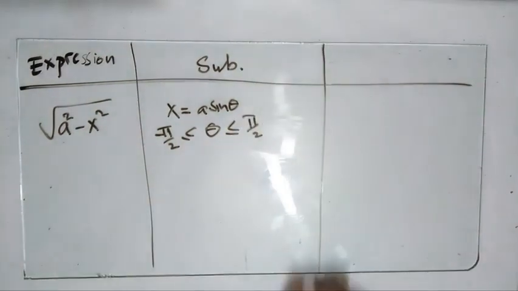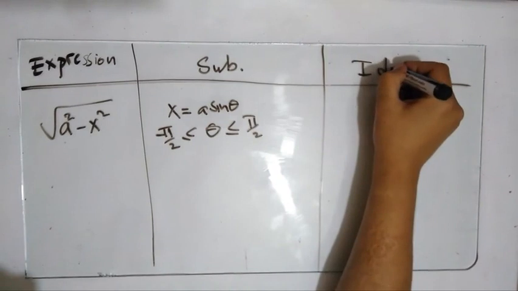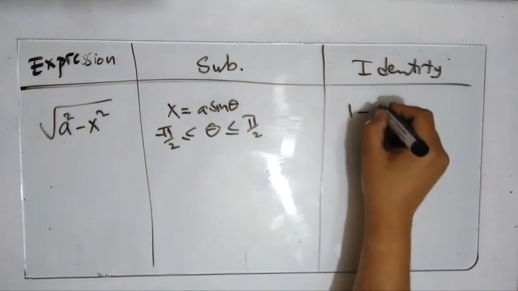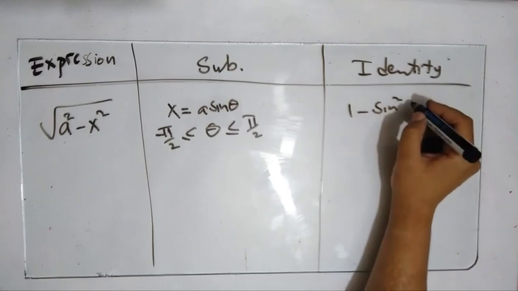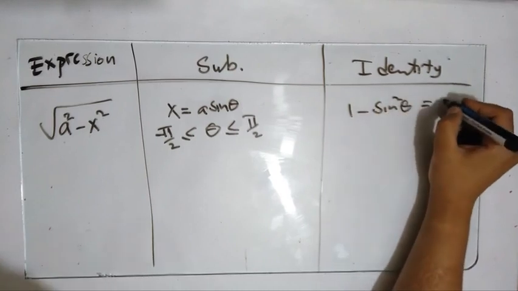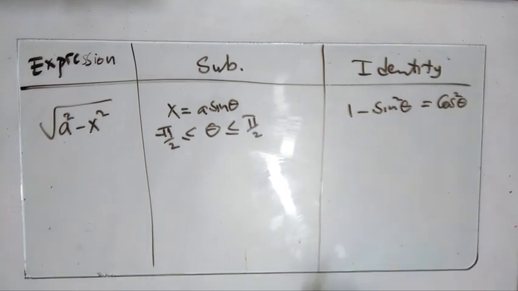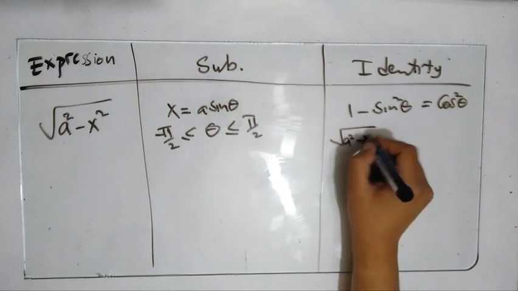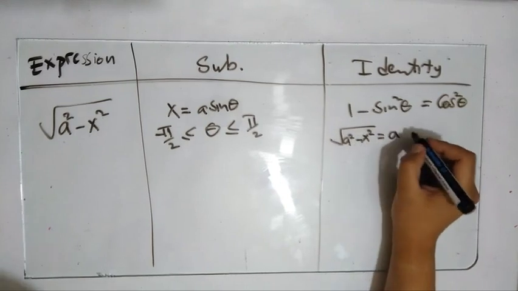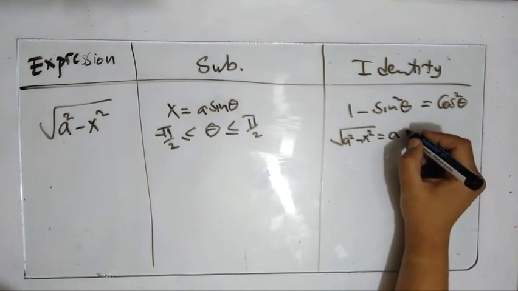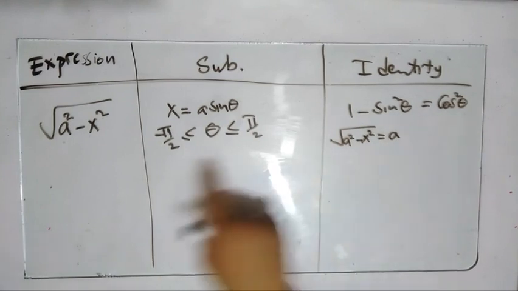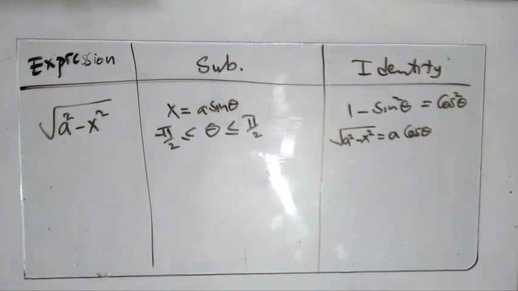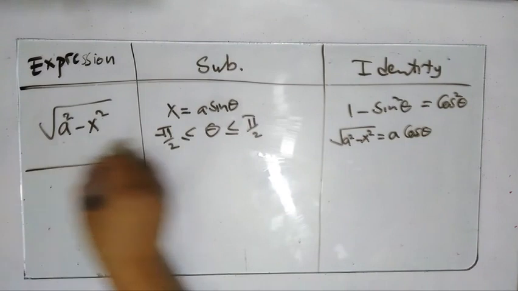The idea here is to use this identity, which is 1 minus sine squared theta equals cosine squared theta. In this way your square root of a squared minus x squared will be a times the absolute value of cosine theta, and since theta is between negative pi over 2 and pi over 2, it will be just cosine theta. So this is the first case.